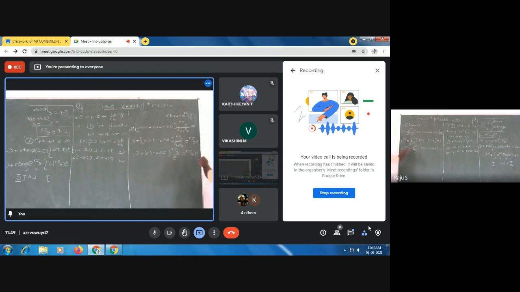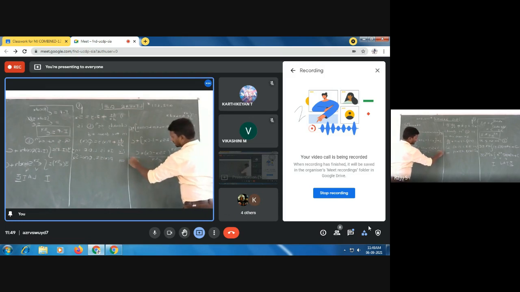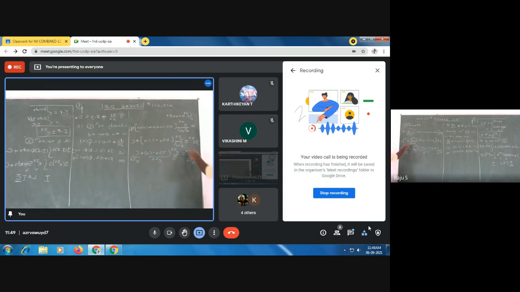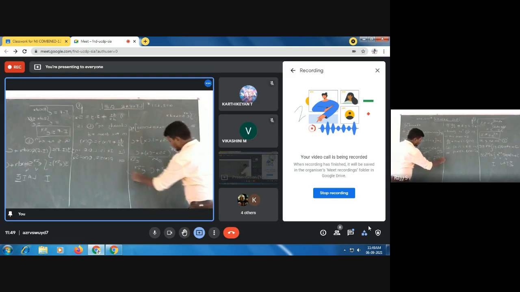Otherwise, you may divide with e power 2x. Here also by e power 2x, all the terms divided by e power 2x get cancelled. Now y is equal to 2 sin x minus cos x by 5, plus c by e power 2x, which can be written as c e to the power of minus 2x.